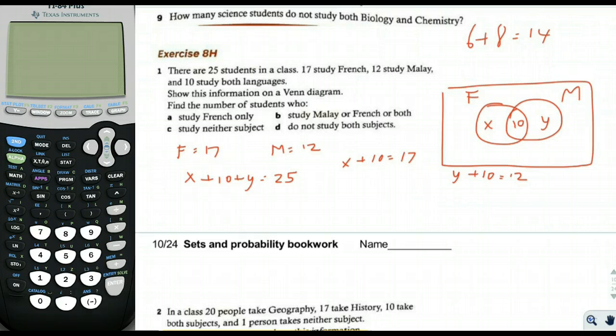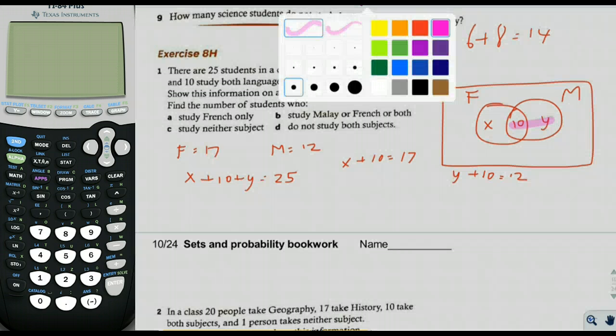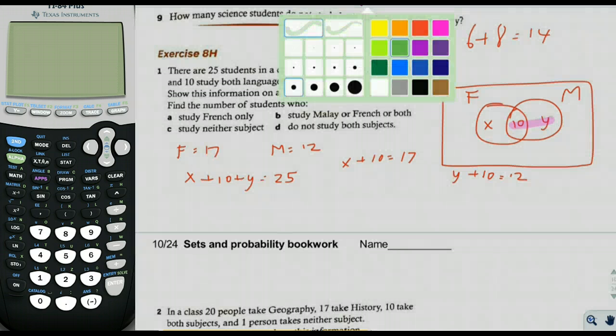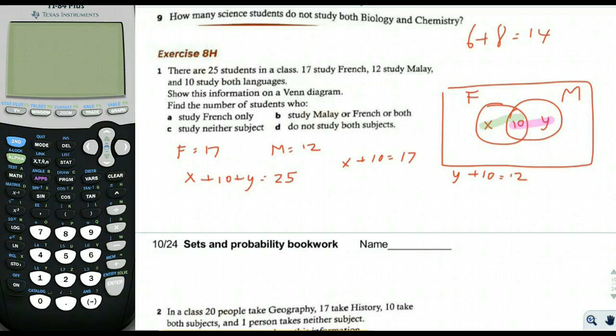Because we know that 10 plus Y is 12, because that's how many people do Malay. And we know that X plus 10 is equal to 17, because that's how many people study French. So we have 3 equations and 2 unknowns. We should be able to figure this out.